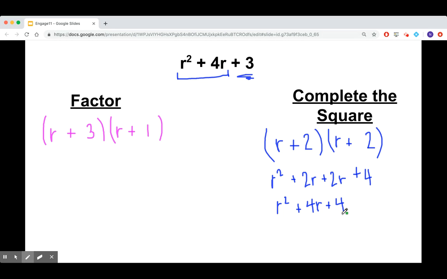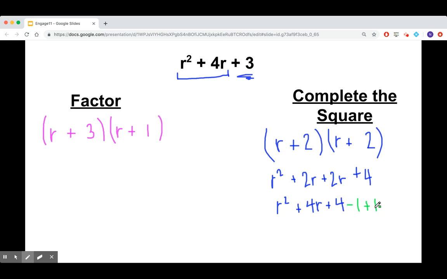So we need this term to be a 3, and we can easily change a 4 to a 3 by subtracting a 1. However, remember that anytime we mess with an equation by adding or subtracting, we need to make sure we do the opposite so that it's really no change at all.